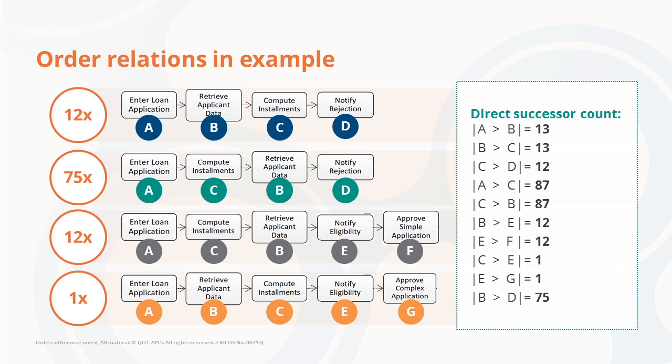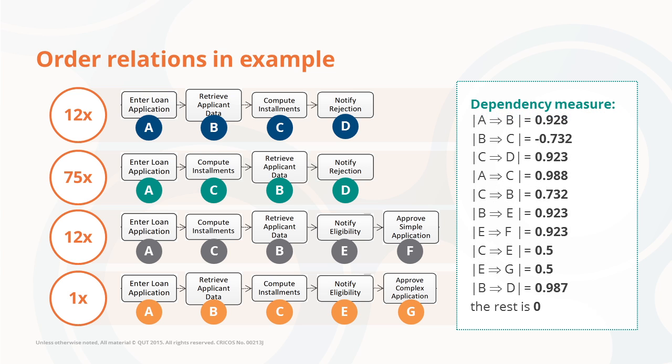If we now consider these measures, we need to calculate, for instance, for the case that C is being followed by B, 87 minus 13 subdivided by 87 plus 13 plus 1. And the number that we get from this is C being in the dependency relationship with B with 0.732.